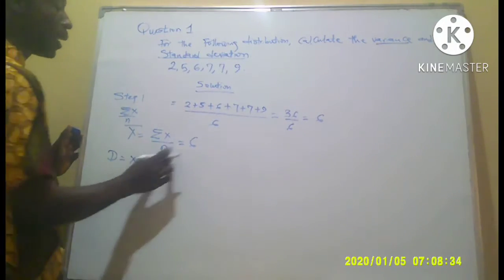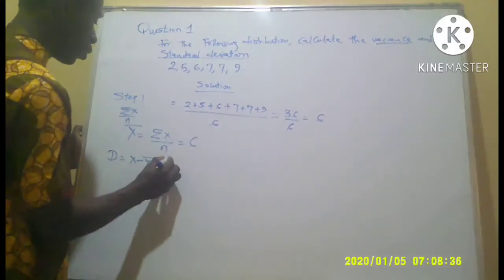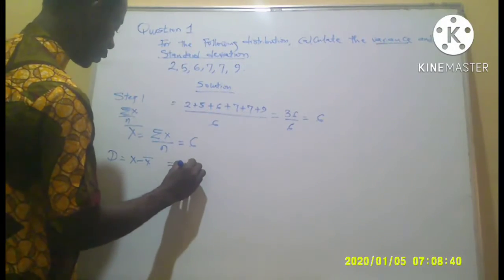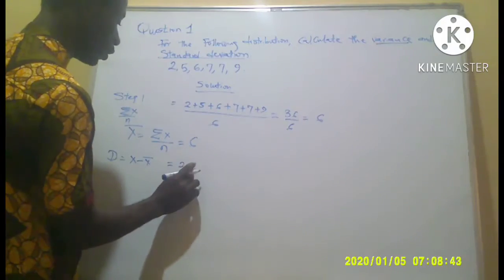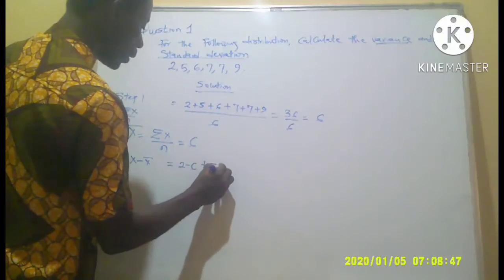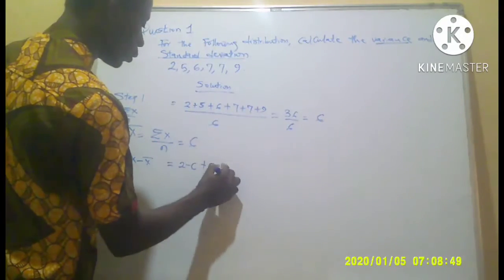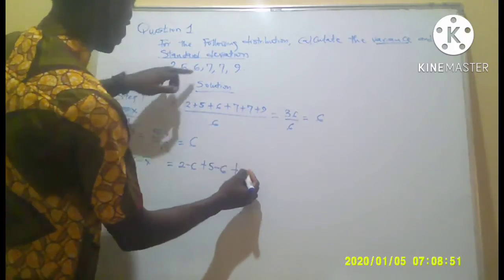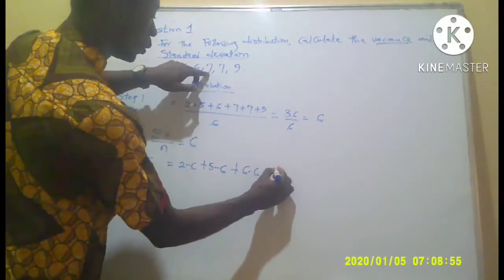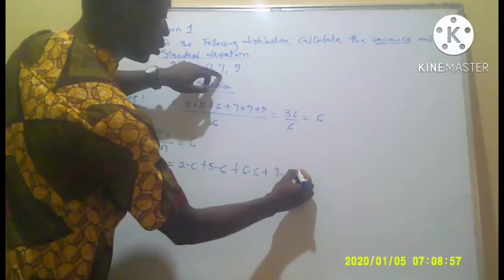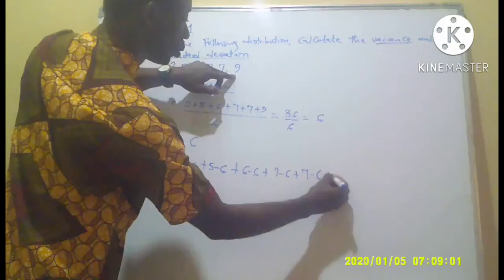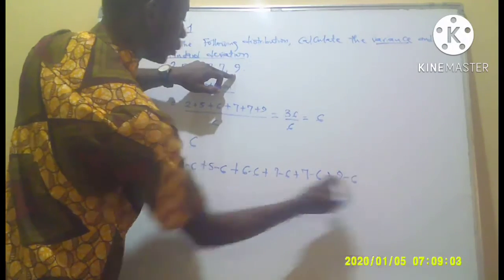Now that we've gotten our mean as 6, the deviation for each of the numbers is going to be 2 minus 6, plus 5 minus 6, plus 6 minus 6, plus 7 minus 6, plus 7 minus 6, plus 9 minus 6.